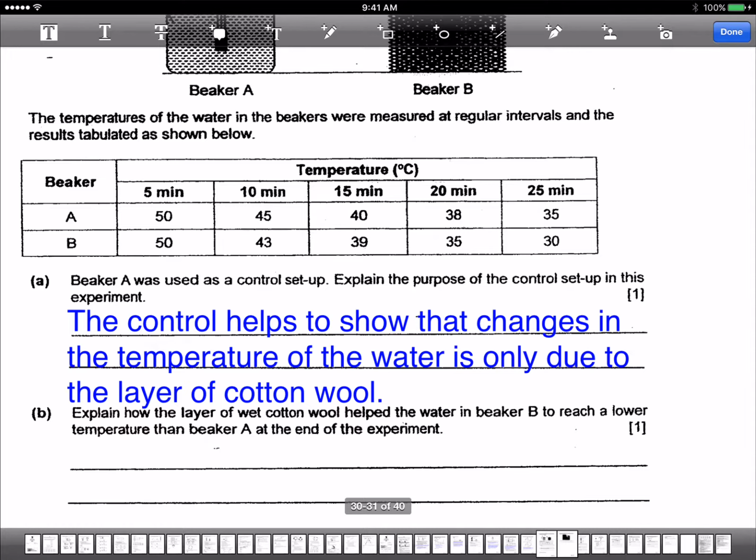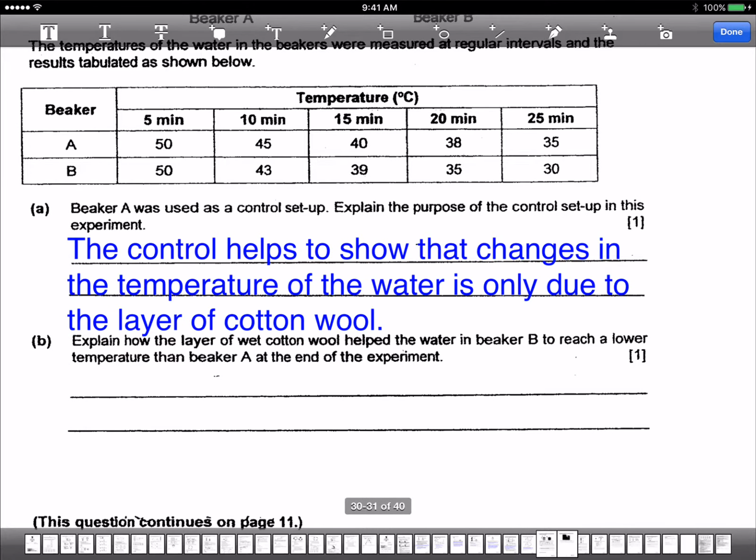He said to ensure that changes in temperature is only due to the layer of cotton wool. Right, that's the purpose of the control.